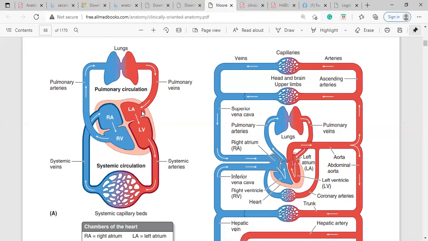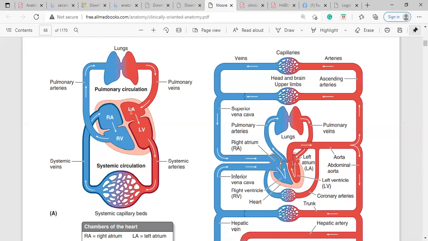Good. So the two circuits that make up the circulatory system are the pulmonary circuit or the pulmonary circulation and the systemic circulation. And the pulmonary circulation is the shorter circuit. Why? It is shorter circuit because the blood only leaves the right ventricle and goes to the lungs and back to the left atrium.